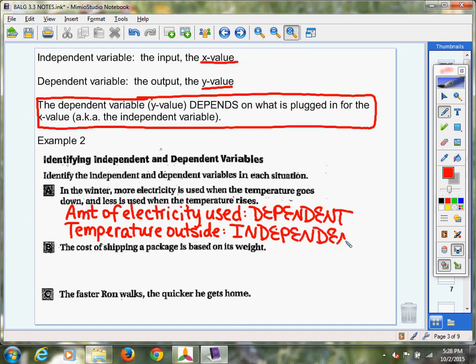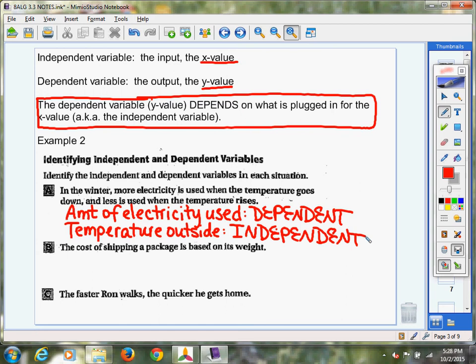Now numerically, I don't have anything that I can plug into, but we're just trying to use logic to figure it out, okay? If I just all of a sudden crank up the heat in my house, that isn't going to make the temperature outside of the house all of a sudden go down or go up. How I set my thermostat doesn't affect what's outside.